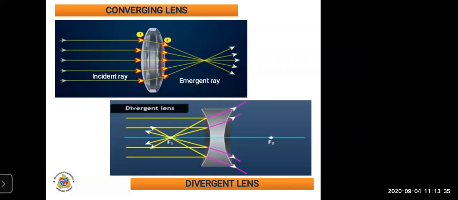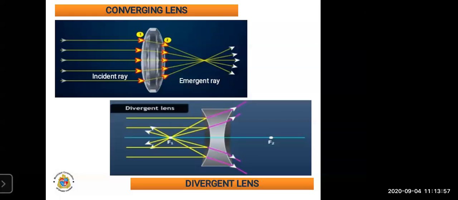That's why the convex lens is also called a converging lens. Remember this. Incident rays come together at one point after refraction, that's why the convex lens is called a converging lens.